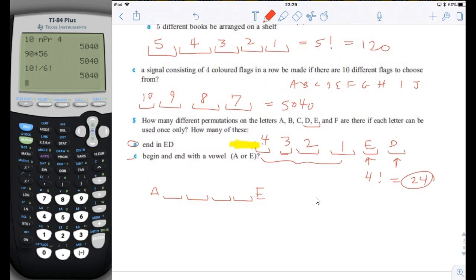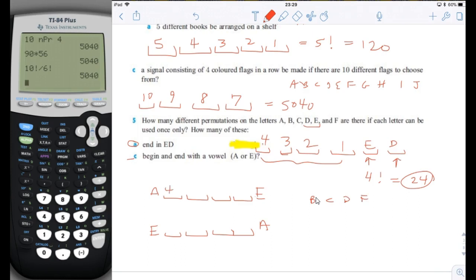And the other one would be starting with E, and then blank, blank, blank, blank, and then ending in A. Okay? So these would be the 2 possibilities as far as what it starts and ends with. And then in between, you could have the remaining letters, which would be B, C, D, and F. So B, C, D, and F could go in the 4 slots in between in any order.